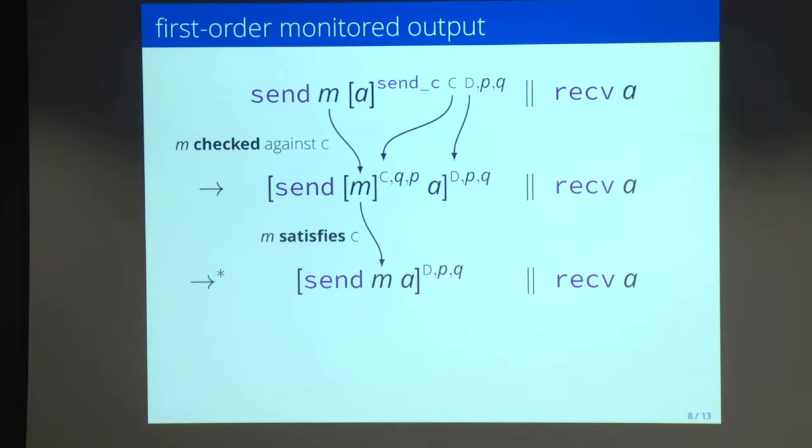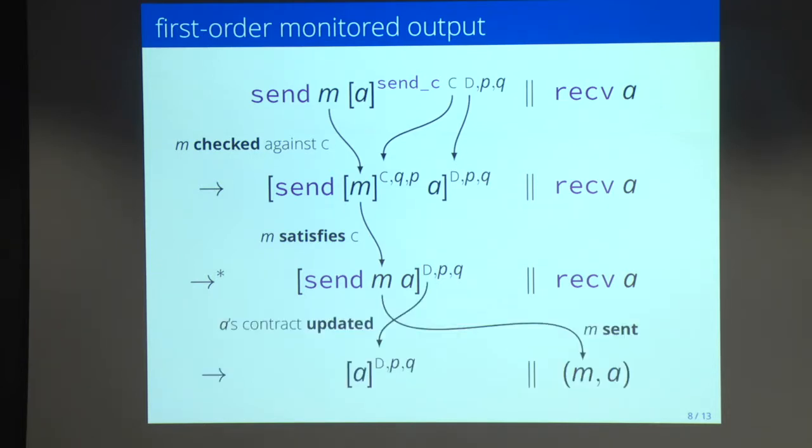So now the message M migrates to the receiver side, where it is paired with the endpoint on the receiver side. And the whole application send M A reduces to the endpoint A, which is now wrapped with the contract D, which describes how we are supposed to use the session in the rest of the conversation.